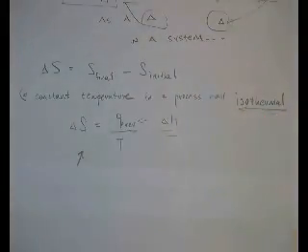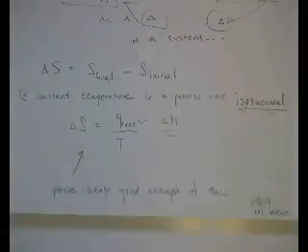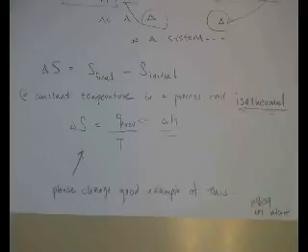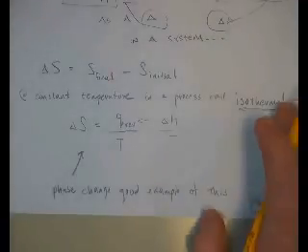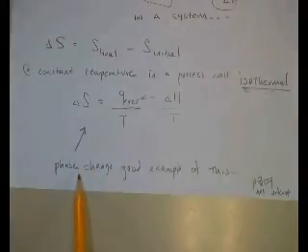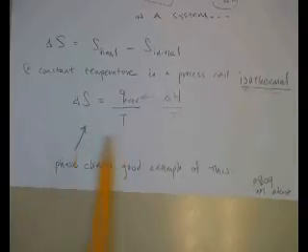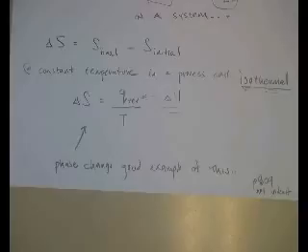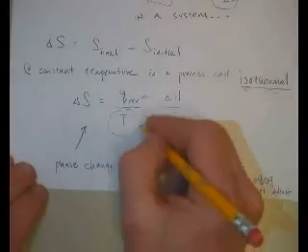This is really handy to calculate the entropy change at a phase interface, or when a substance is going from a solid to a liquid, or a liquid to a gas, or a solid to a gas, or vice versa in any of those areas. For phase changes, remember the temperature does not change.